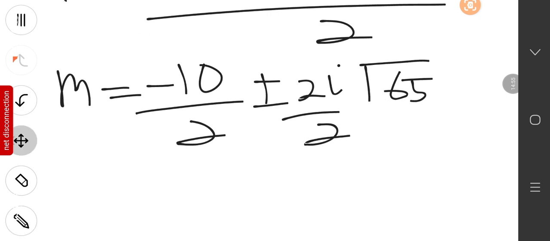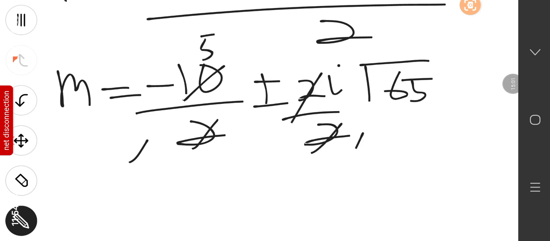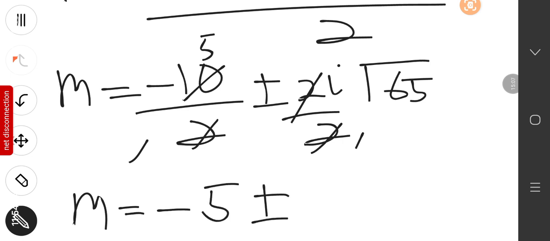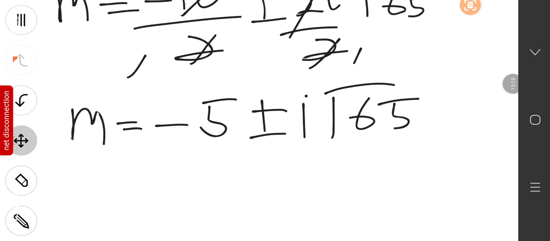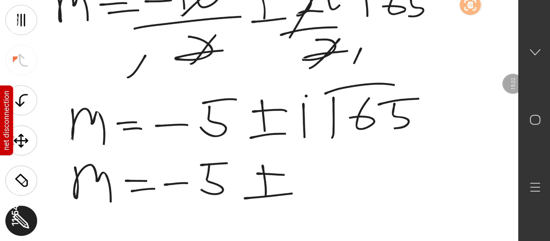All right, so 2 cancels itself, 10 over 2 is 5, and the 2s also cancel here. So you have m equals minus 5 plus or minus i root 65. Now this is the same as m equals minus 5 plus or minus root 65 i.